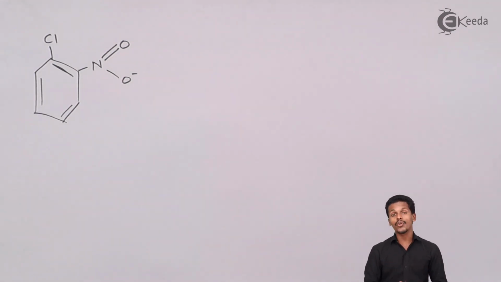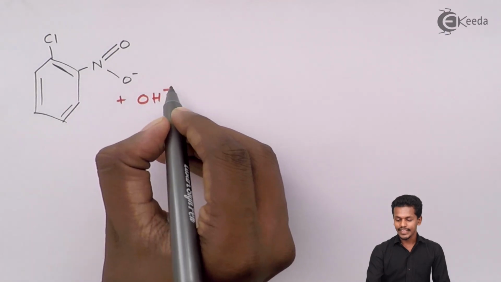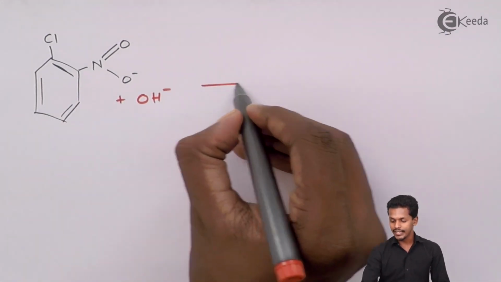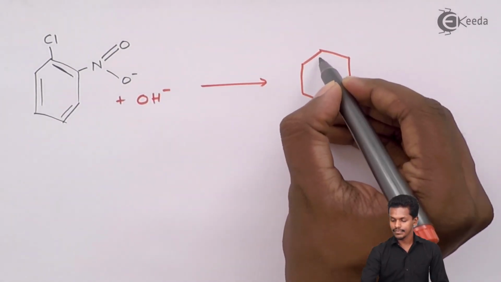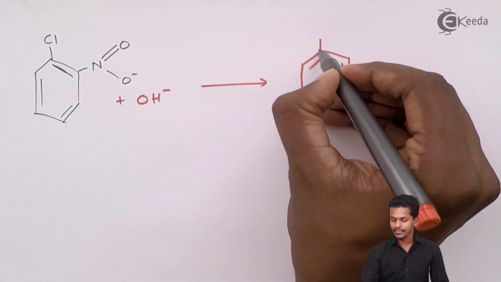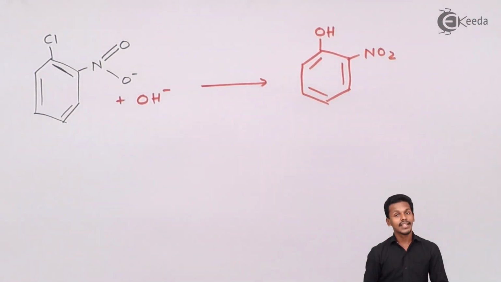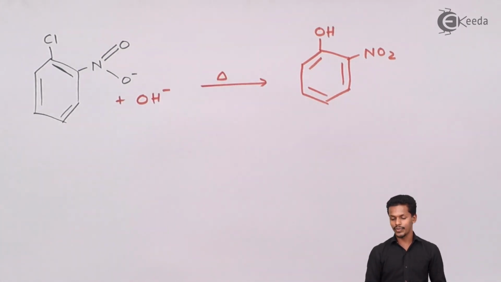We are talking about the substitution reaction, in which the OH minus ions replace the Cl minus ion to form this product, and it requires certain conditions also. Suppose this is the condition that we have put here.